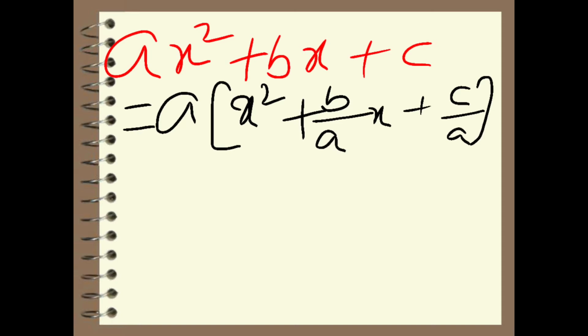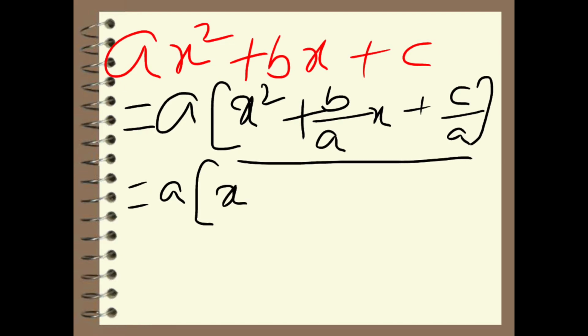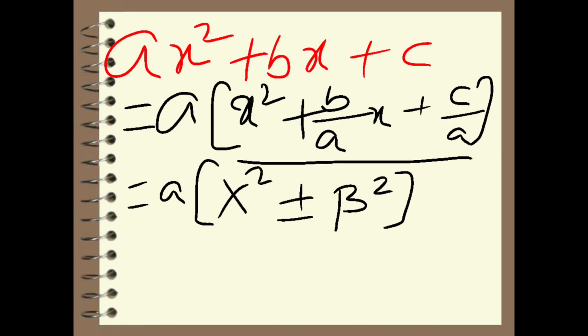Now we can convert this expression into the form capital X square plus or minus beta square. Okay, capital X square plus or minus beta square, or sometimes it may be plus or minus x square also.